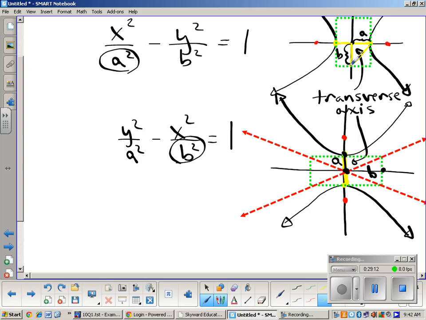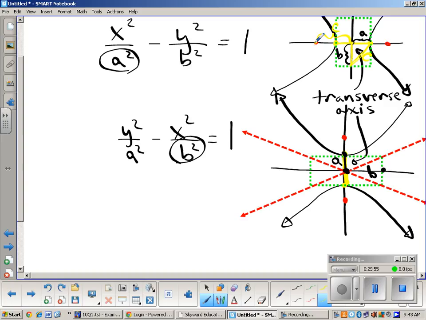And so that distance right there is C, which is also the same distance from the center of the box to the focus, or the foci, because there's two of them. I know it doesn't look it in my picture, but the hypotenuse of that little right triangle is the same length as the distance from the center of the box to the focus point, and to the other focus would be the same. Okay?